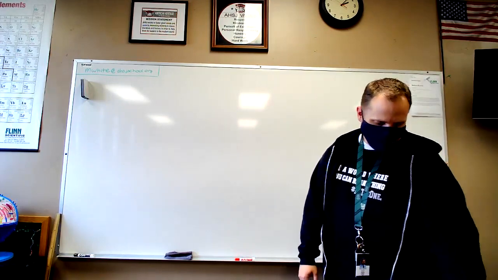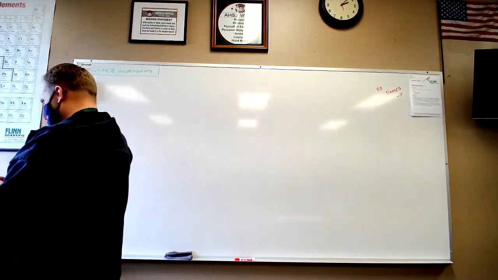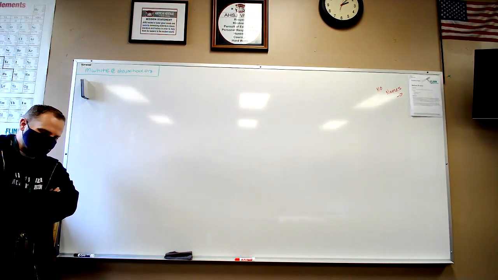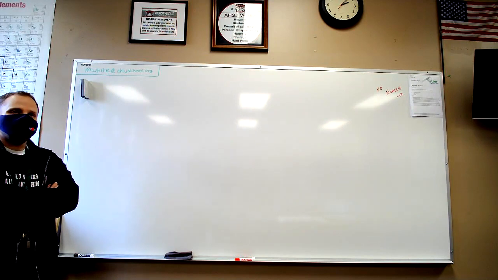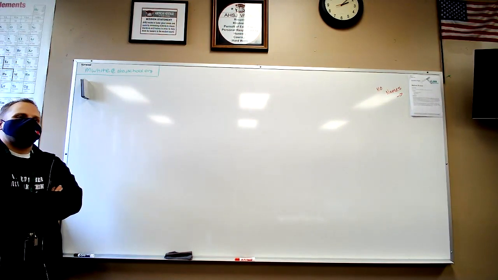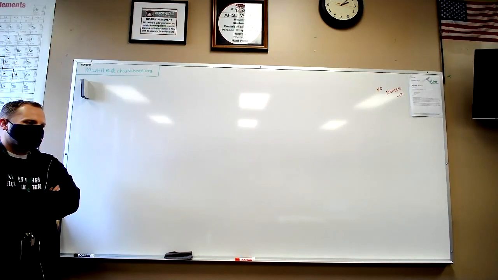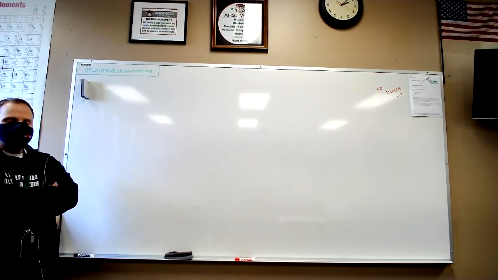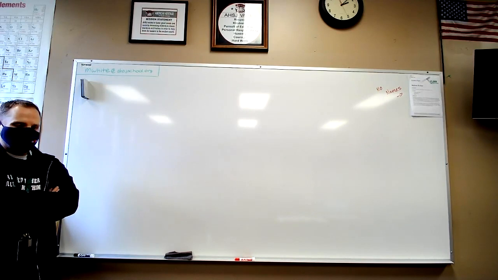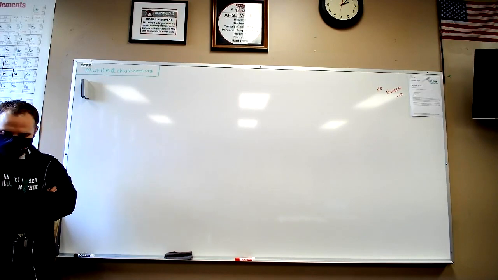Today we're going to get into Chapter 11, Section 3, all about what's called limiting reactants. We're going to use a lot of the skills and techniques that we have been building over Chapter 10 and the first two sections of Chapter 11.